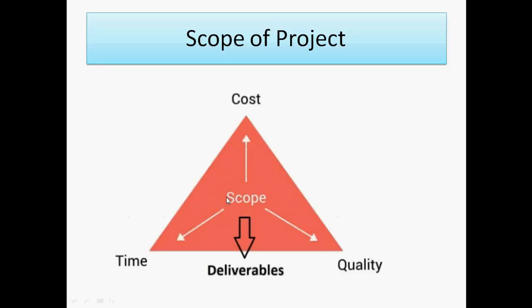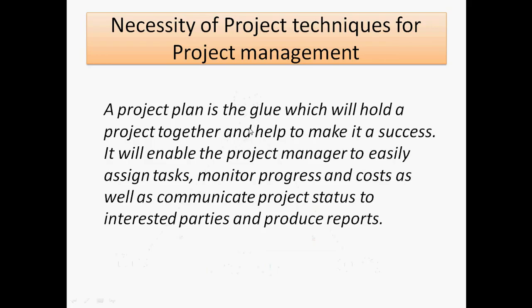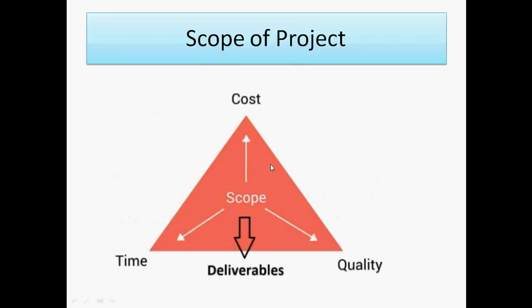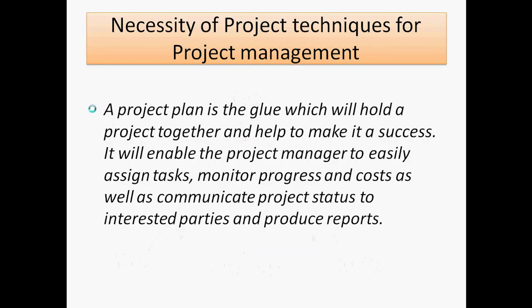This cost, time, and quality we maintain by project management techniques. So the project plan we can create and then execute successfully, because when you complete within time, that will help minimize your cost, and we can benefit within a few days. With the benefits you can create new qualities, right? So that is about the project techniques.